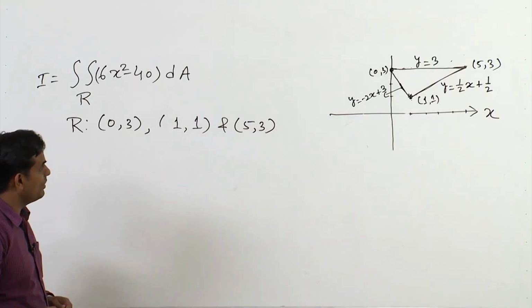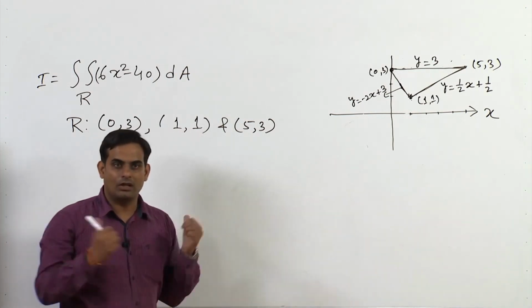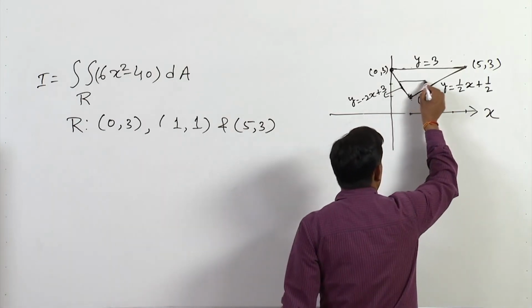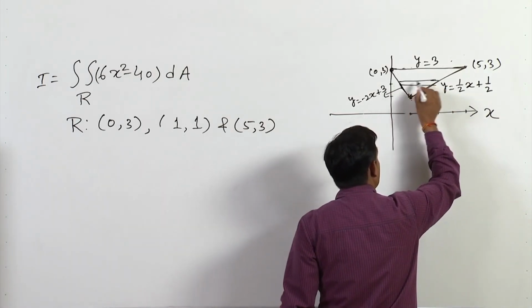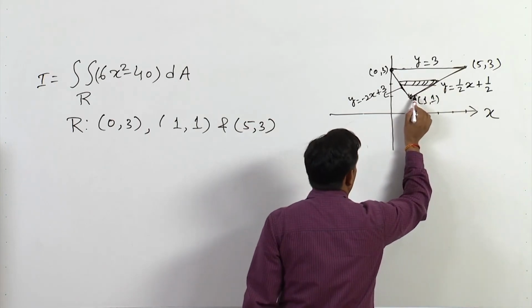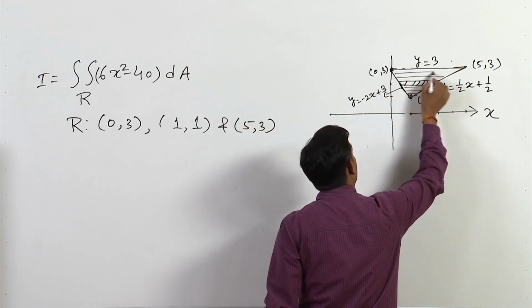The other way of solving this problem is to take a horizontal strip to cover the whole region R. If I take a horizontal strip, it will start from here and cover the region like this.